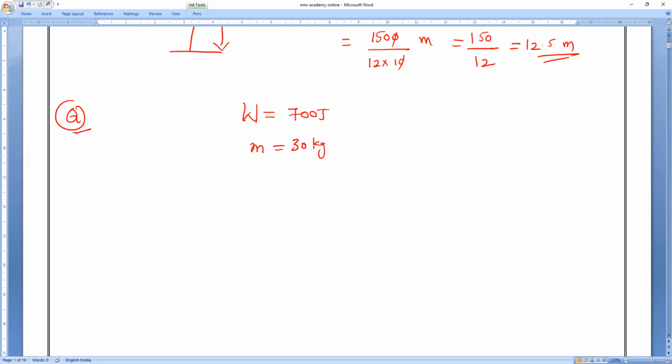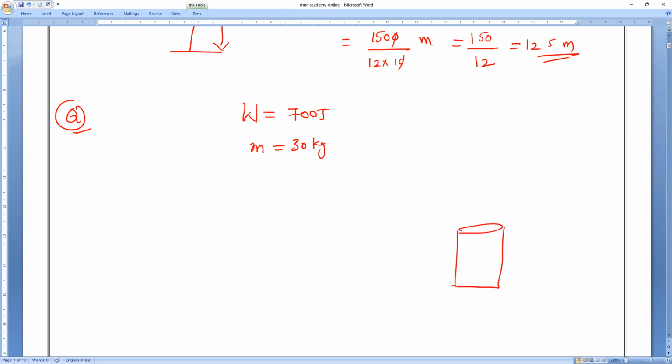Sir, can you repeat it again? A woman does 700 joules of work in lifting a 30 kg bucket of water from the well. Imagine there is a deep well.